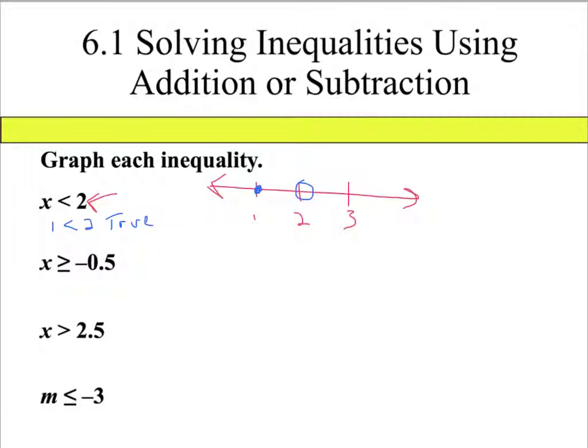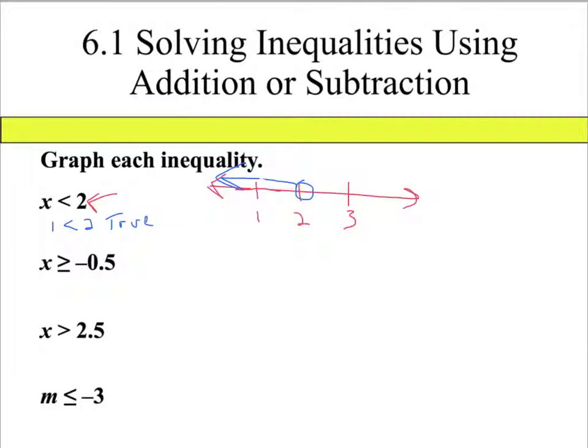So because of that, I need to shade to the left. You don't need to put this point on. All I'm looking for is this right here. This would be your answer: an open dot shaded to the left. That tells me everything less than 2 is a solution.